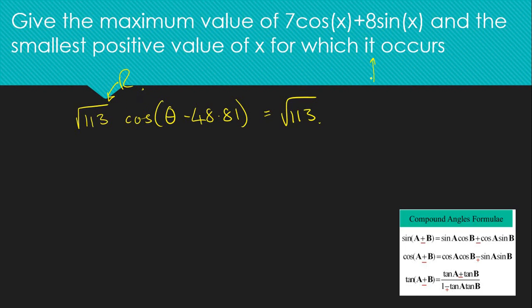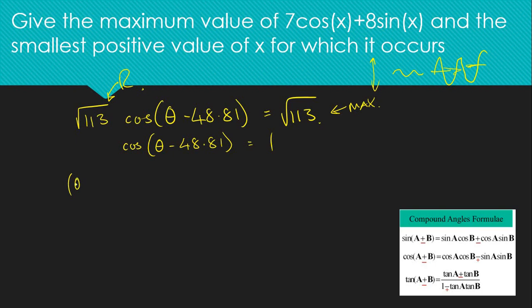All it does is just stretch out the cos wave, so it might take it from looking like that to looking like that, but it doesn't do anything with the horizontal squeeze of it. Okay, so what we know is that the maximum is going to be root 113. That there is going to be the max. All right. Really though, you could pretty quickly spot that you can just deal with this information here. Okay, cos to -1 of 1, pardon me, is 0.